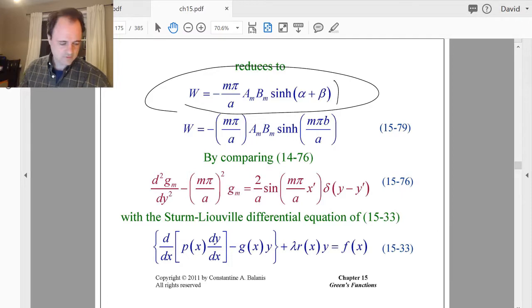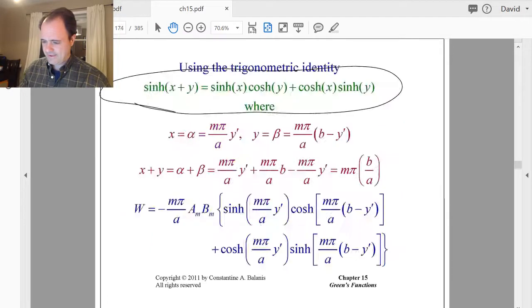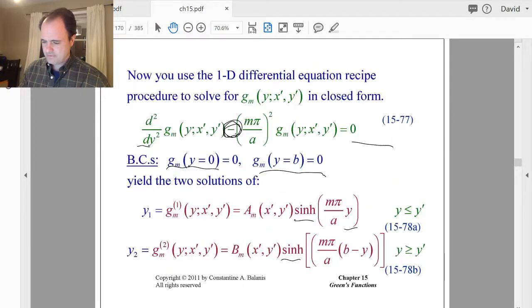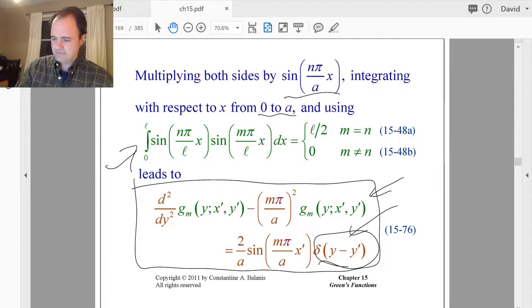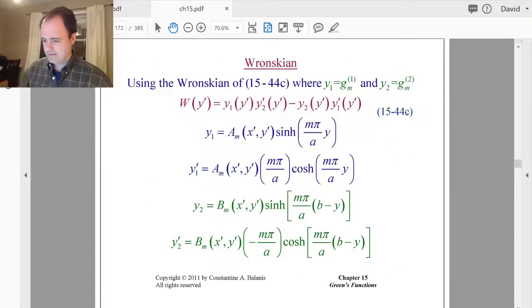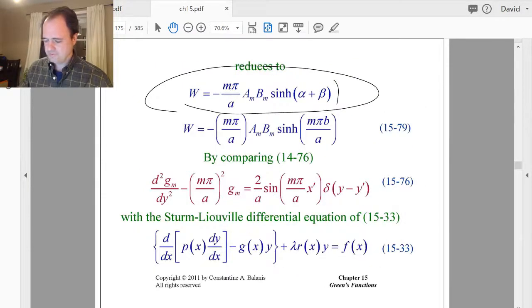Now we need to cast this equation into the Sturm-Liouville form so that we can get p, q, r, and f to put into our recipe of finding the Green's functions.